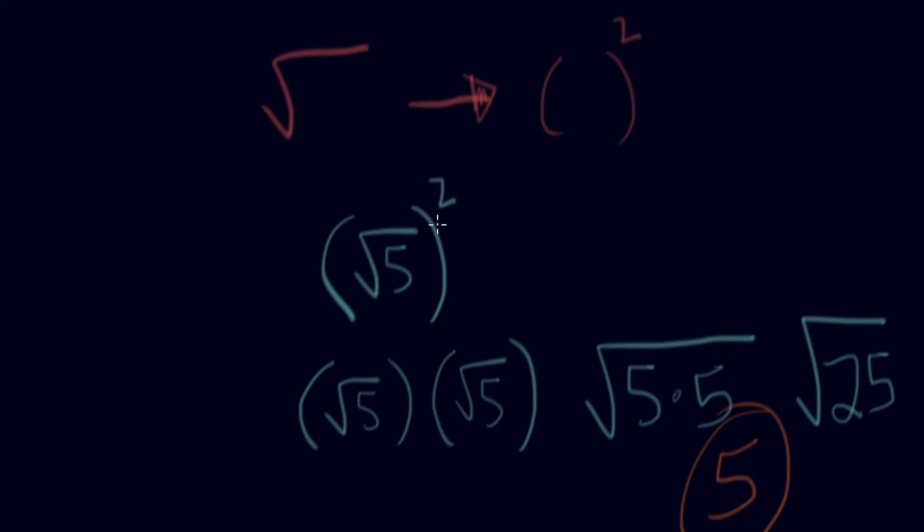So an easier way to think about it is if you square a square root, it gets rid of the square root, leaving you just with the radicand, just with the 5 there. So this is a long, complicated way. I would never expect a student to show this as they're working. But it's good to know how this goes. Most students just memorize that if I square a square root, the square root just disappears.